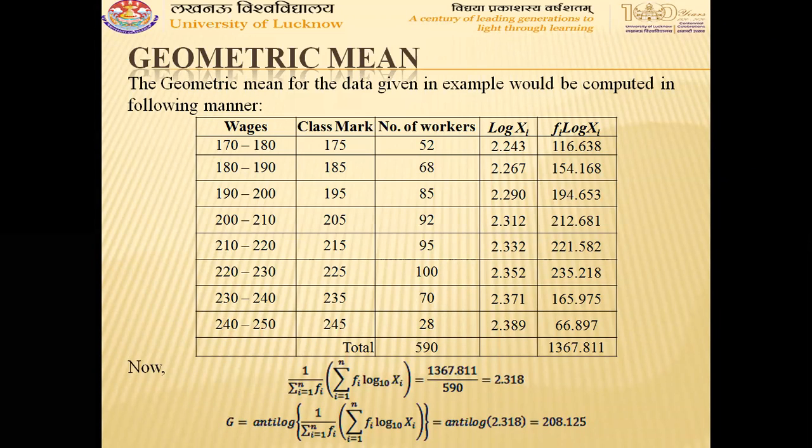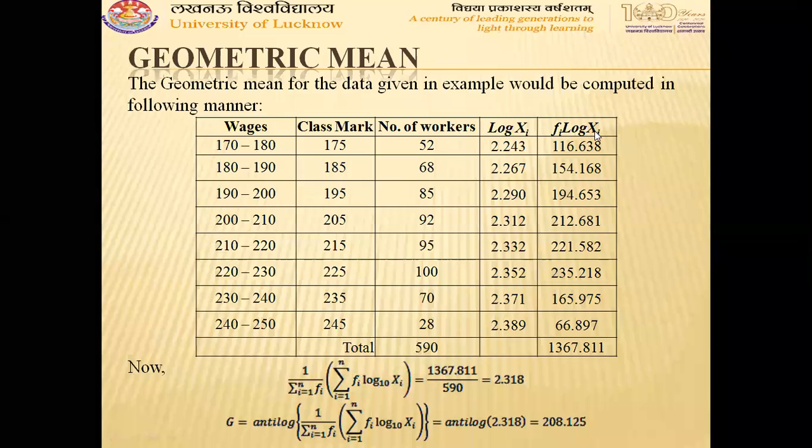Then we take the log of these class marks, which gives for 175 as 2.243, for 185 it comes out to be 2.267, and so on. Then multiply the number of workers to the log of xi, that will give fi log xi. For the first class interval it would be 116.638, for the second it will be 154.168, and so on.